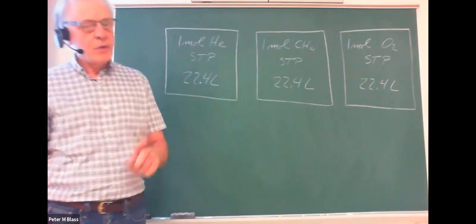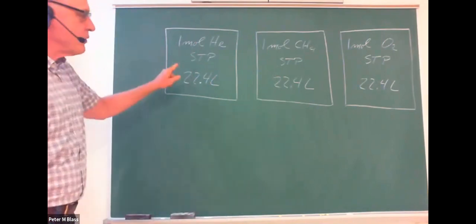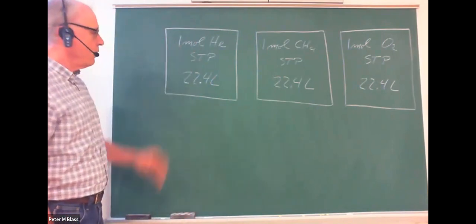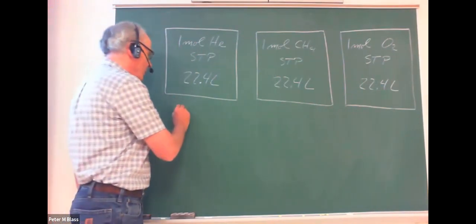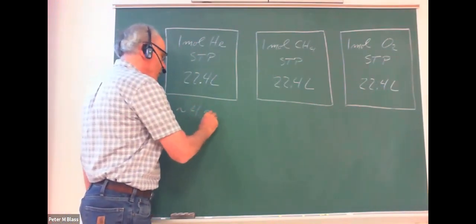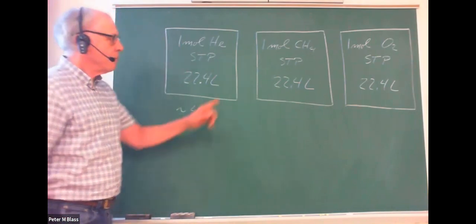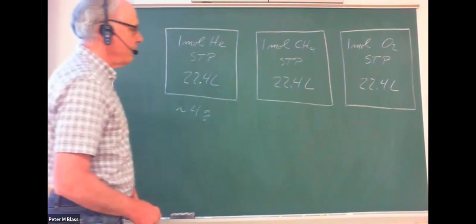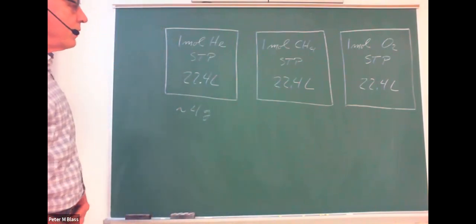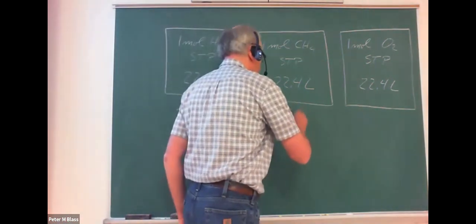Okay, but then we also thought about, now what is the mass of the gas that's here? 1 mole of helium, well, that's approximately 4 grams of helium in there. 1 mole of methane, carbon is 12, hydrogen is 1, so it's approximately 16 grams.